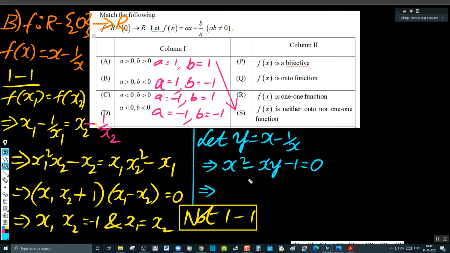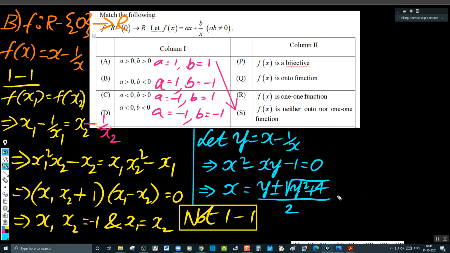It's a quadratic in x. Let me solve it. x is equal to minus b plus or minus root over b square minus 4ac upon 2a. So for every y there is an x, because no value of y is undefined in this case, because under the root you have perfectly positive.